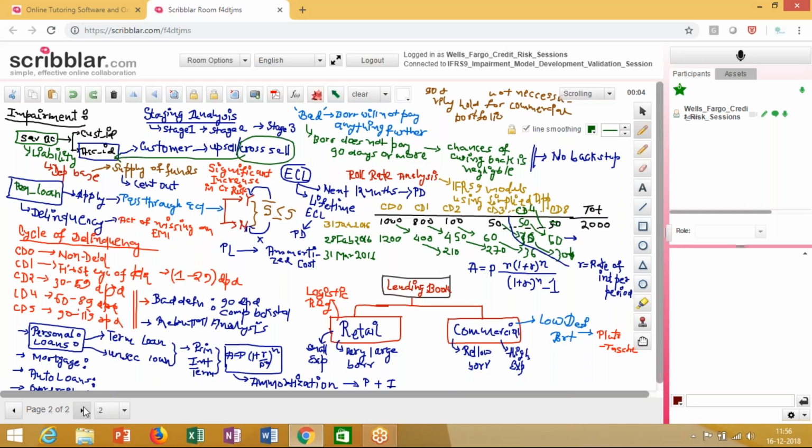And we talked about the concepts of delinquencies and how this becomes important in defining the impairment in the data.